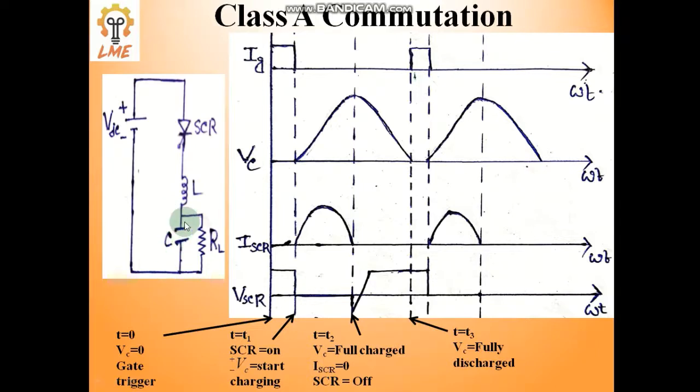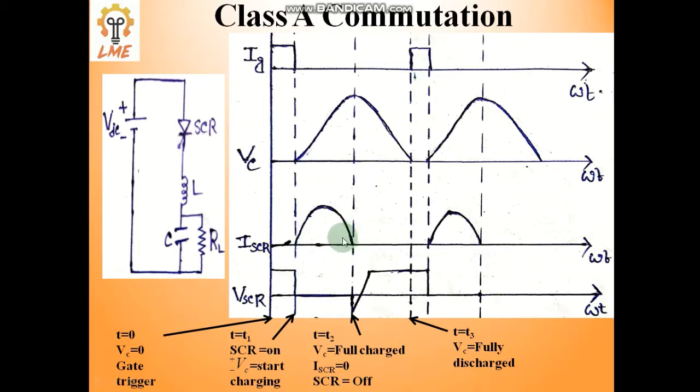Once the capacitor is fully charged and its stored charge is more than VDC, the current goes to zero, because a fully charged capacitor acts as an open circuit. Then the stored charge, plus here and minus here, is discharged through this load RL. That is why at this point the capacitor voltage goes to zero.